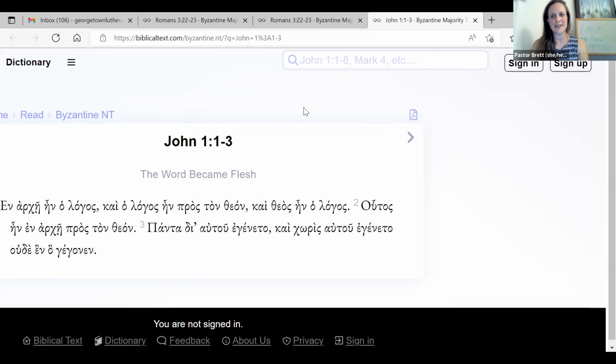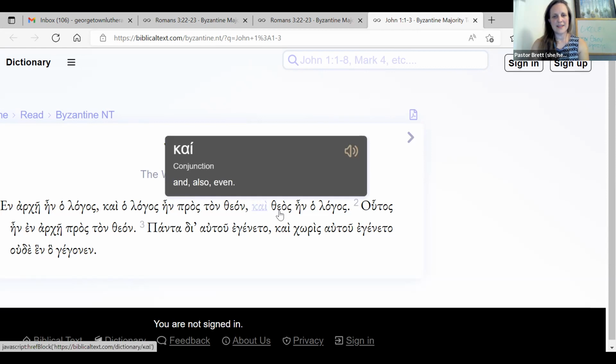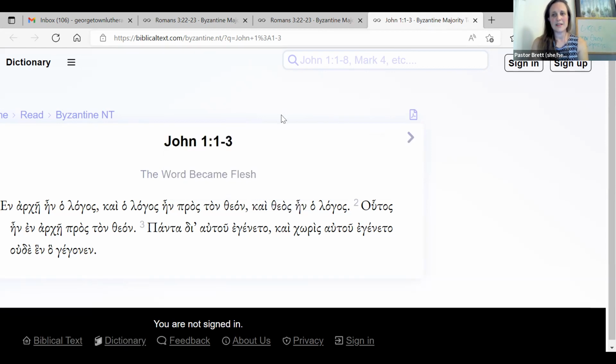Yeah, we say in English translations, they always put it, and the Word was God. But we see here that the word order in Greek is, and God was the Word. So it's interesting and a question of emphasis, and I think we feel like it sounds awkward to say in English, and God was the Word.